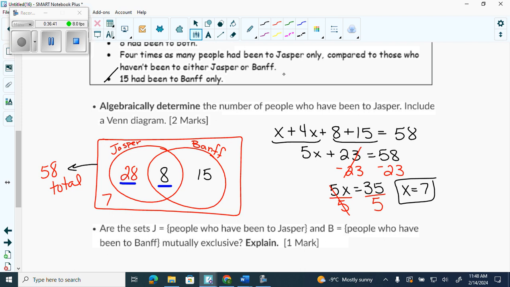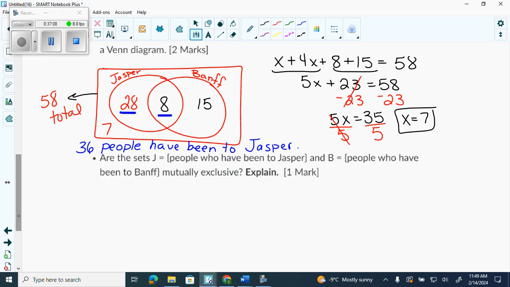You give me this, this will be the answer. I'm like, you didn't answer anything. This will be 1 out of 2. Because you gave me the Venn, perfect, great, but you didn't answer the question. So we're going to say 36, and we're not just going to say 36, we're going to say 36 people have been to Jasper. Now I have 2 out of 2. You just gave me the Venn diagram, you have 1 out of 2.